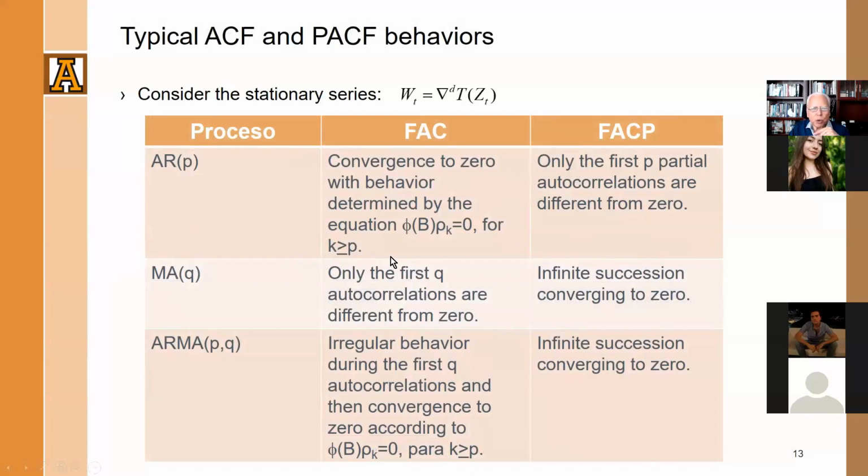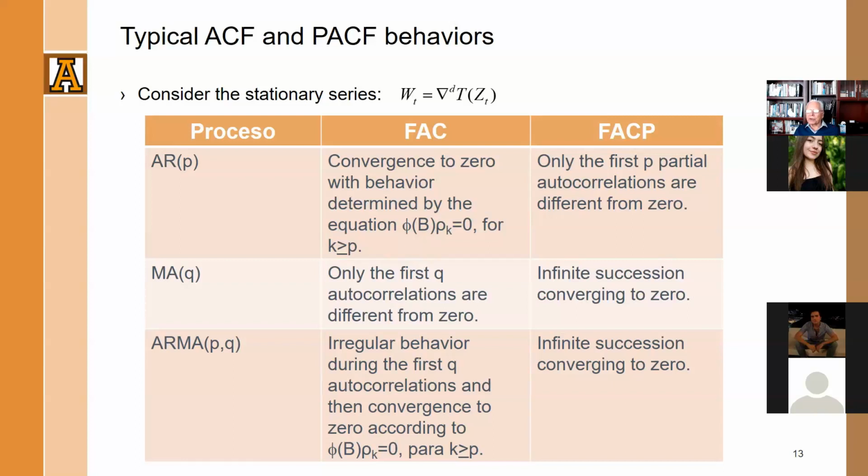When we have ARMA models, the behavior looks like this. For an AR(p), we already saw when we studied the AR models by themselves that the autocorrelation function converges to 0.